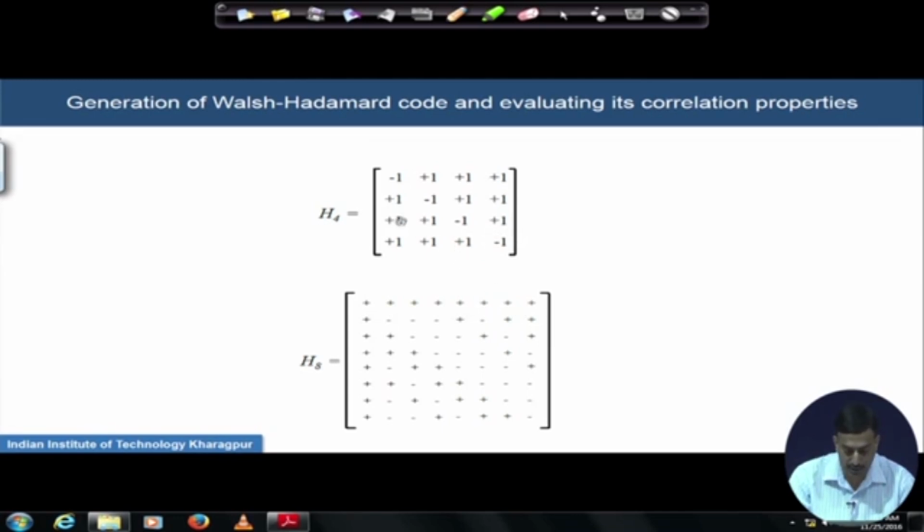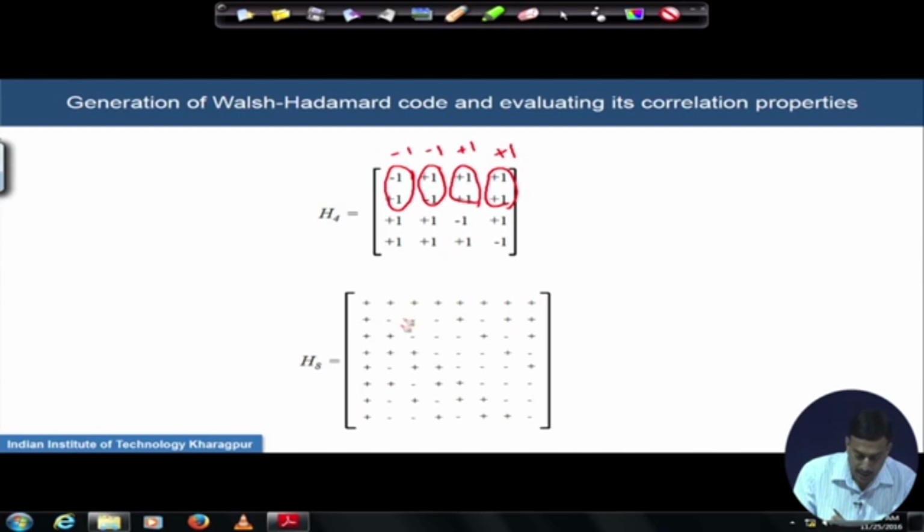In fact, if we just look over here at the cross correlation between any two codes at lag 0, that means without shifting, this product will be equal to -1. So this product gives you -1, this product also gives you -1, this will be +1, and this will be +1. Take any other two rows as well.